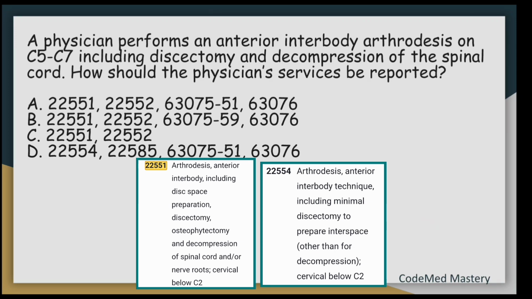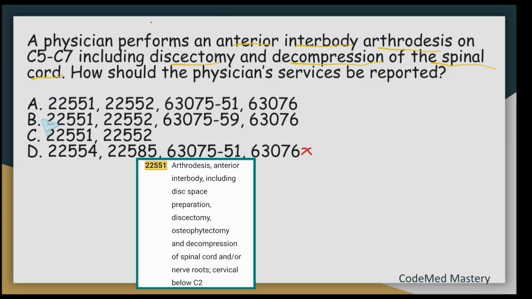In the scenario, they have mentioned anterior interbody arthrodesis including discectomy and decompression of the spinal cord. But the code 22554 is for other than for decompression. Okay, so we cannot use the code 22554. We have to use the code 22551 because in that they have mentioned decompression of the spinal cord. Therefore, we'll eliminate option D directly, because if one code is wrong, the entire option will be wrong.